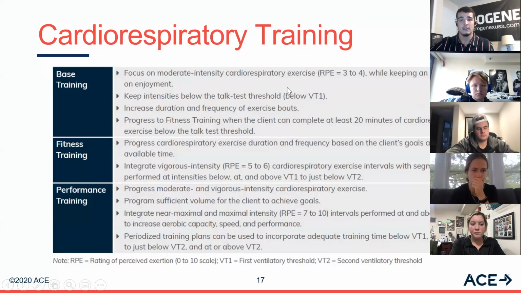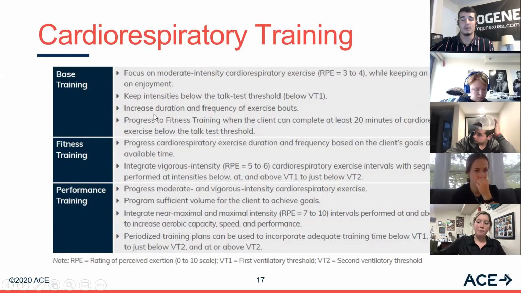So this is very moderate to low intensity cardiorespiratory exercise and base training, right? Everything that you could do, people should be able to talk to you without taking big breaths in between. And when you progress, you're just increasing duration and frequency rather than intensity.